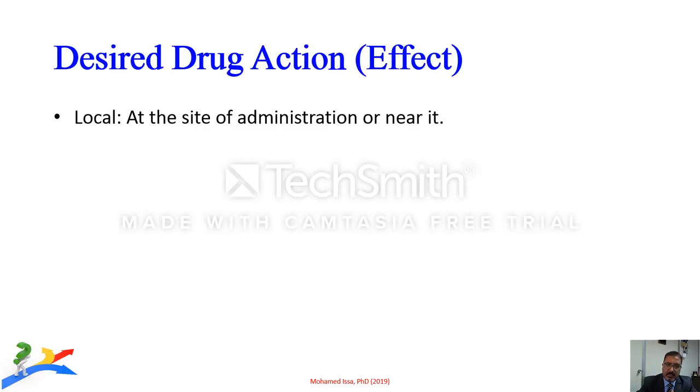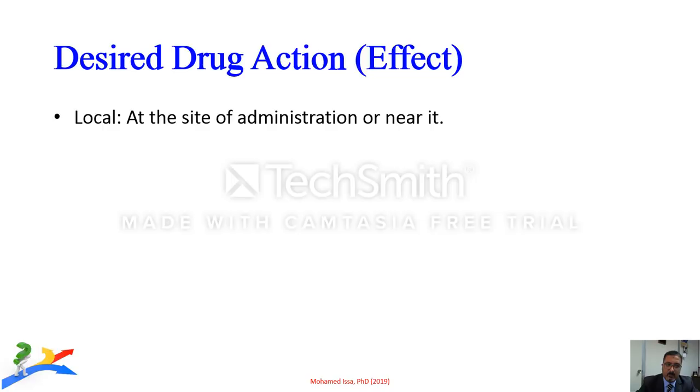So I have pain, I have allergy, and then I apply the drug to the site of the condition itself. Another example, if you are having diarrhea and you want to have some sort of intestinal antiseptic, then you take the drug orally, yes, you swallow it, yes, but it's going to act in the GIT. It will not go into the blood or to the general circulation.